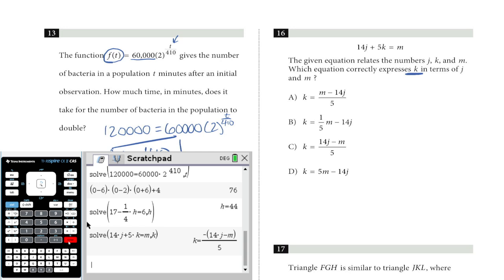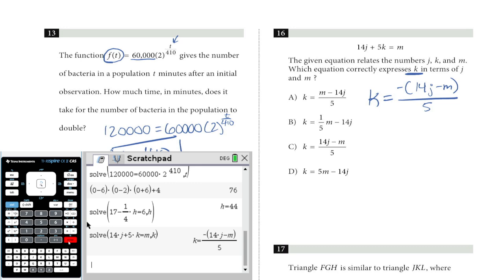Now we can see here, when we did the solve function, we now have k equals negative parentheses 14j minus m all over 5. And no answer has exactly that because for whatever reason, our calculator likes to factor out negative signs. So we may have to do a little bit of manipulations here.